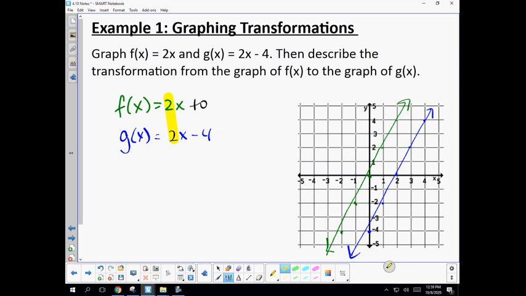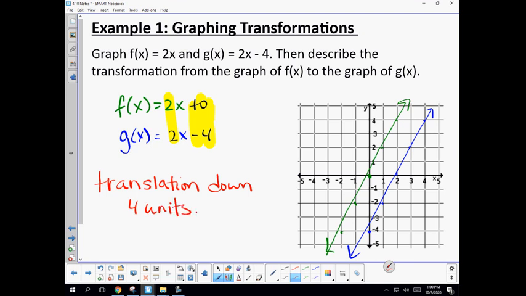If we look at the b value, however, it did change. And we know if the b changes that it is a translation either up or down. And we went from 0 to negative 4, so we went down 4 units. And that's the transformation that we need to describe.